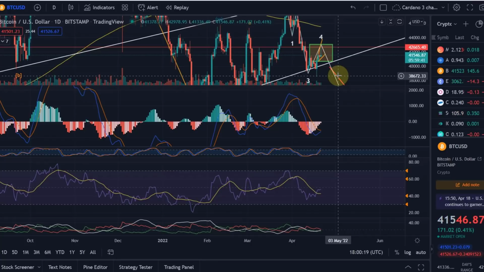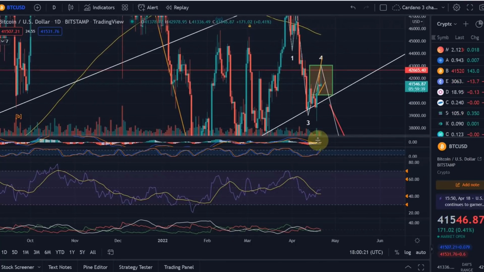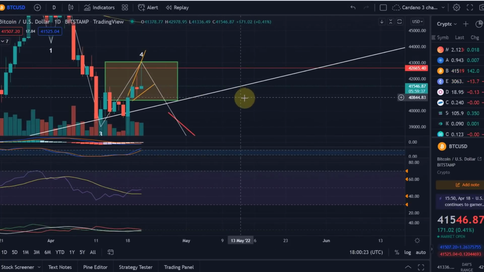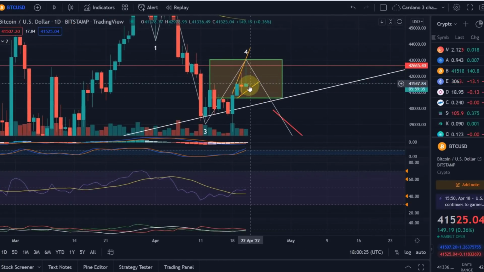And we are currently here on the daily chart, and what we can see is a potential, I mean, it's already pretty much an inverted hammer pattern. That means we've got a very long wick to the upside and a very small candle body. And if this is going to turn red, then it really is an inverted hammer.